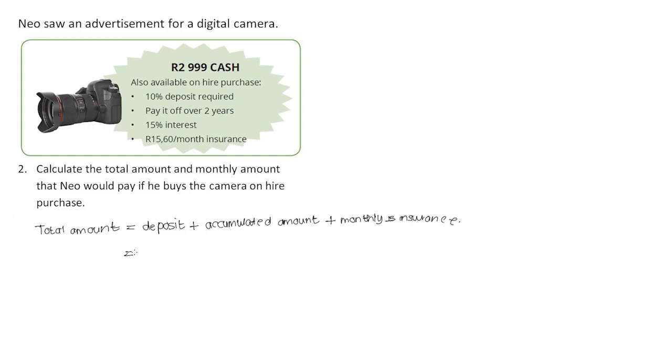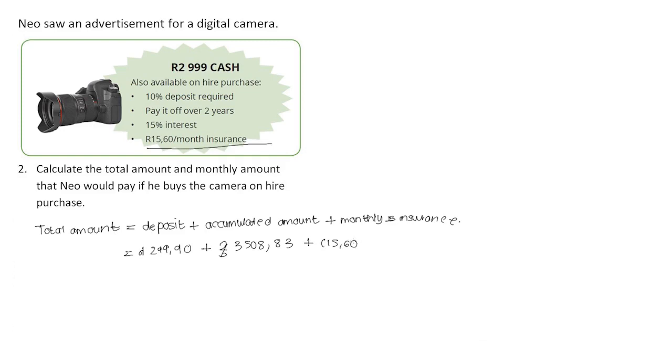The deposit, as calculated in the previous question, was 299 Rand 90 cents. The accumulated amount, which was also calculated in the previous question, was 3,508 Rand and 83 cents. And lastly, the monthly insurance, as you can see in the advertisement, is 15 Rand and 60 cents.